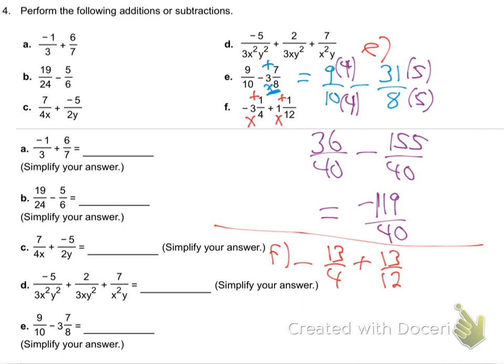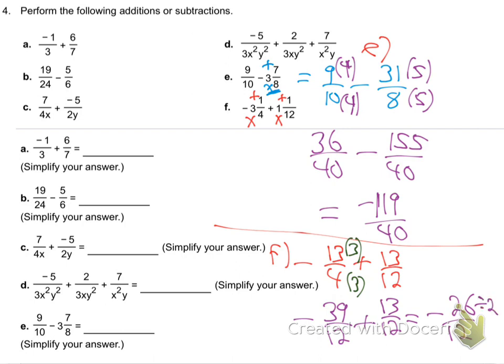So you always have to change mixed numbers to become improper fractions. And now, a common denominator is needed. So multiply top and bottom by 3. Minus 39 twelfths plus 13 twelfths is minus 26 twelfths.